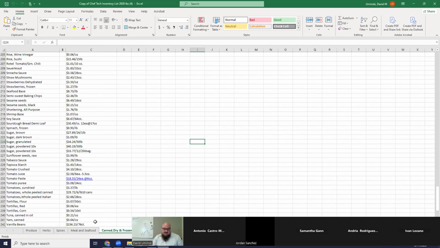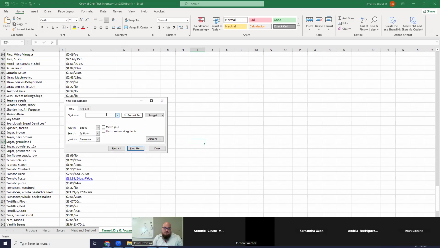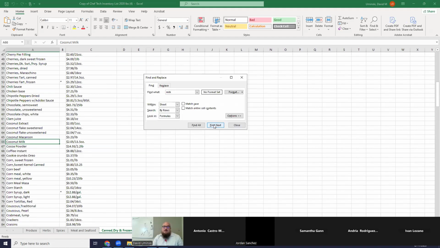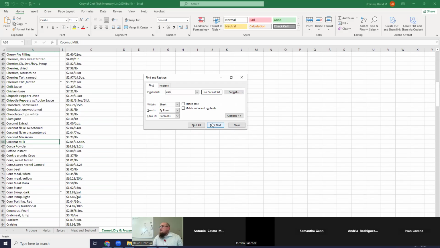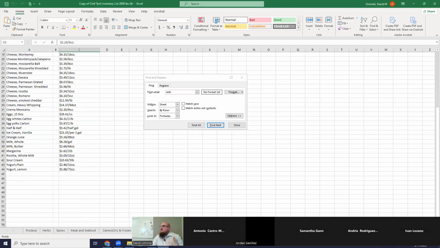So if I try to do a search for milk, in milk, I have coconut milk, evaporated milk, condensed, non-fat, dry, and that's it. What if I'm looking for dairy milk? It's not on here. Why? Because I'm on the canned, frozen, and dried. I need to be on the dairy tab. So in Excel, you have to remember to switch the tabs.